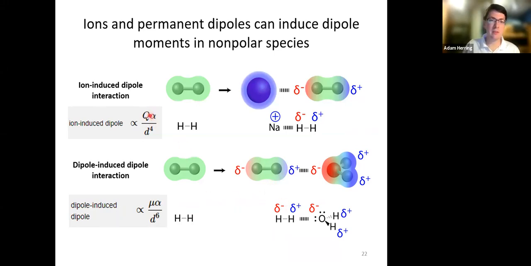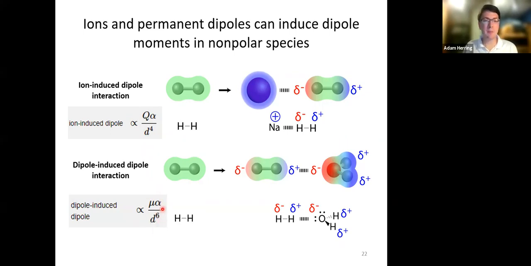Notice in both cases that the strength of the intermolecular force is dependent upon the identities of the charged species and the induced dipole, and then it is inversely proportional to some power of the distance between them. In the ion-induced dipole, it's a factor of 4. Dipole-induced dipole, it's a factor of 6.